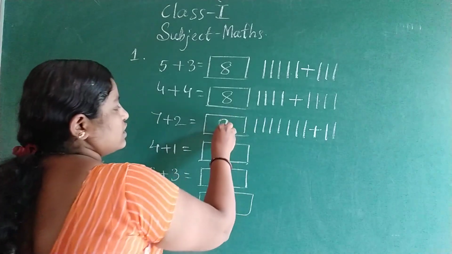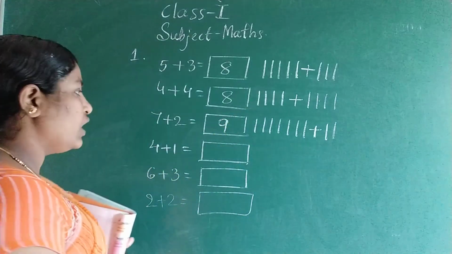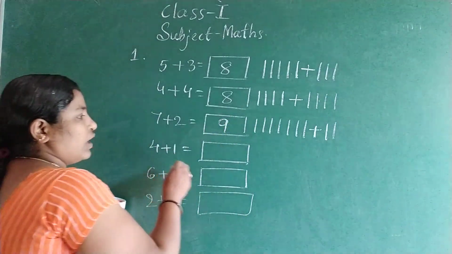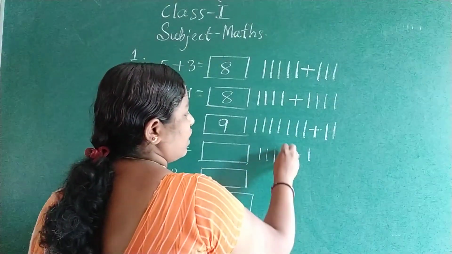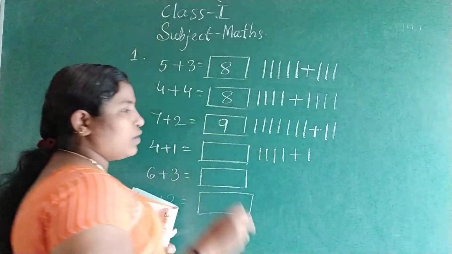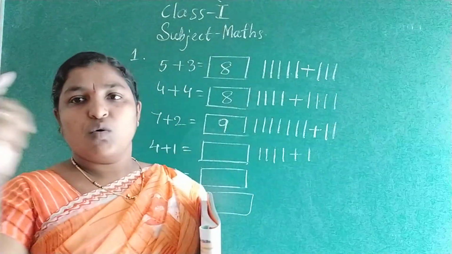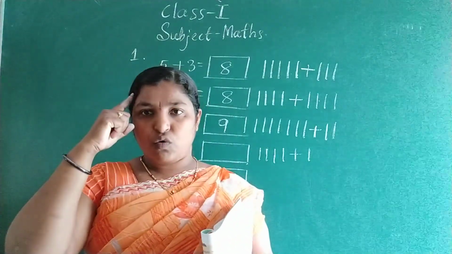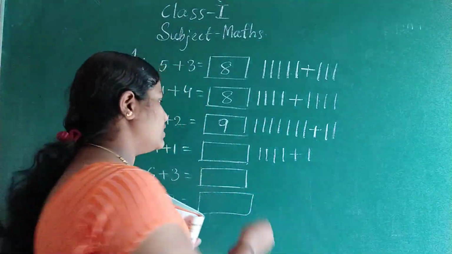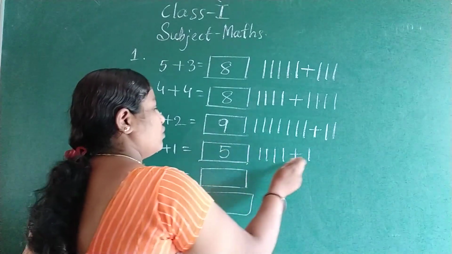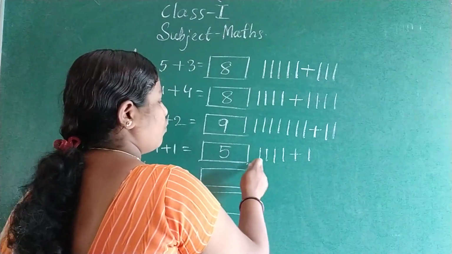So the answer is 9. Next, 4 plus 1. 1, 2, 3, 4 plus 1. So the big number 4 is in your mind, 1 is in your hand. 4 plus 1. 4, 5. So the answer is 5.